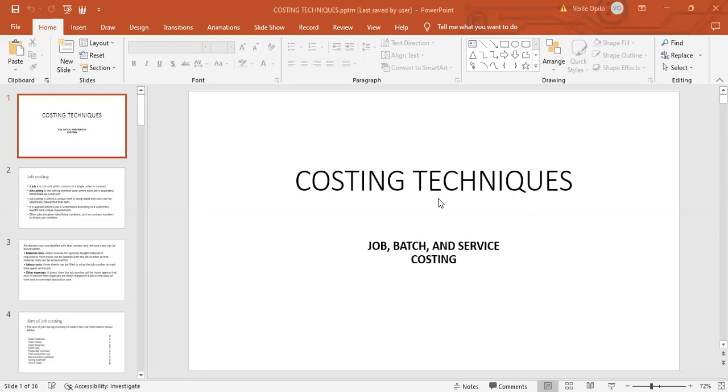When you're talking about costing techniques, these are the methods that businesses use in order to accumulate the total costs that have been incurred in producing certain products or in providing certain services to their clients.